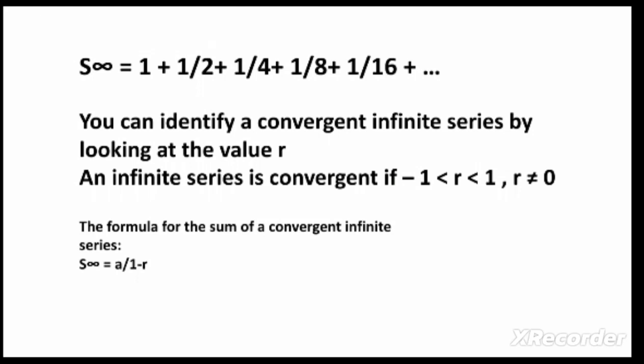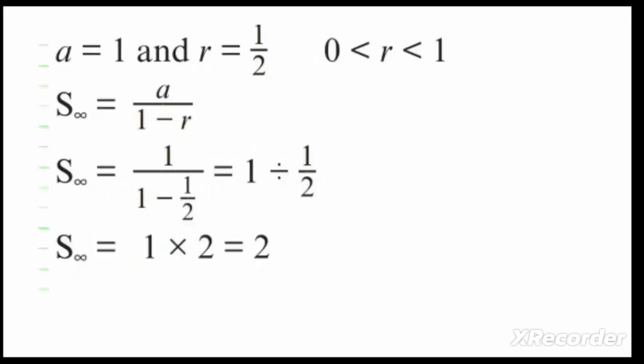So you'll be asked in a converging series to calculate the sum of infinity, right? The formula for the sum of a convergent infinite series is the sum of infinity is equals to a divided by 1 minus r. So for this series, specifically, a is 1, and then over 1 minus r. The r is the ratio, so the ratio is 1 over 2.